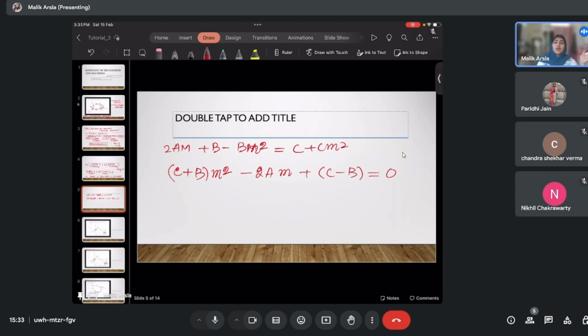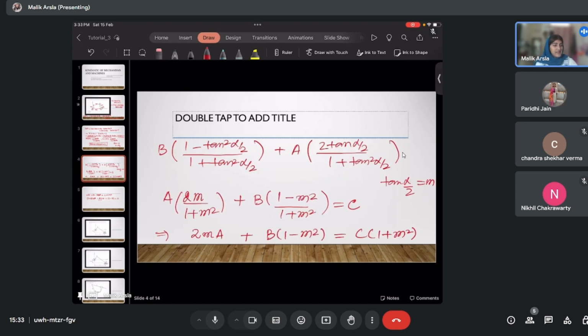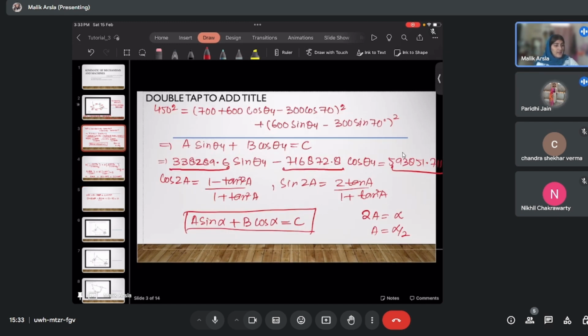You know the roots of the quadratic equation are minus the coefficient of m plus minus under root of b square minus 4ac, over 2a. Yes, correct. So can you put in the values and tell me what values you are getting for m, because I have given you the values. You know from this equation what a, b and c are. So tell me.